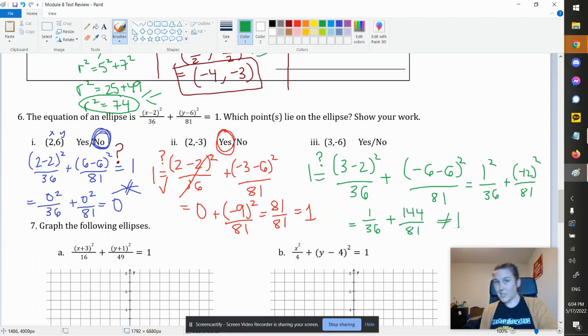This is definitely not going to be equal to 1. We can plug this into a calculator and get a number that's not 1. But the reason I know it's not going to be 1 is this is already bigger than 1, and I'm just adding something onto it. It's not going to get smaller when I'm adding something bigger, right? So it's certainly not 1. So we can say no. This is not on the graph. Not on the ellipse.